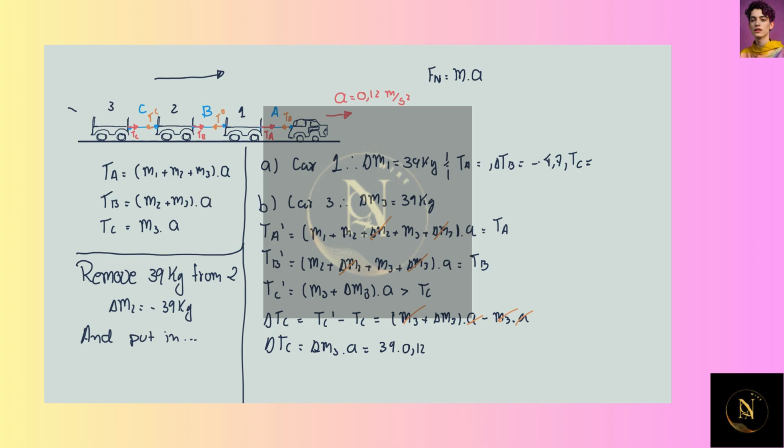And this results in 4.7 newtons. Then we summarize the answer for the second item: the tension A is the same, the tension B is the same, and only tension C changes, and it changes by 4.7 newtons. And this is the answer to the question.